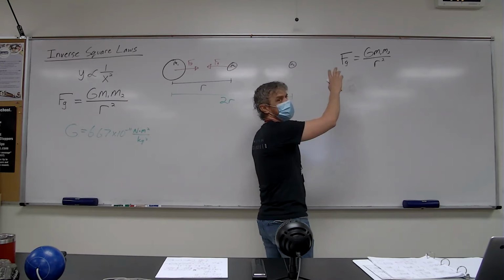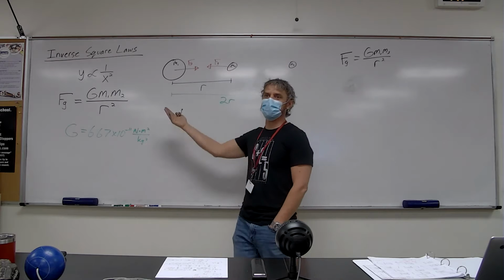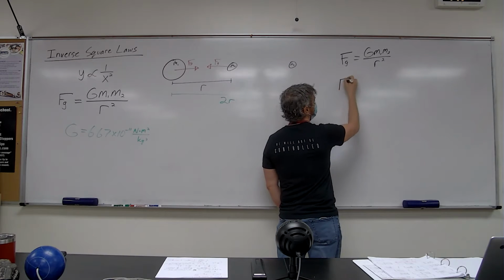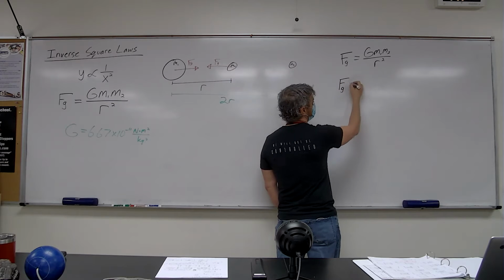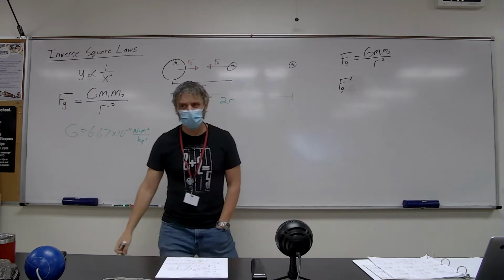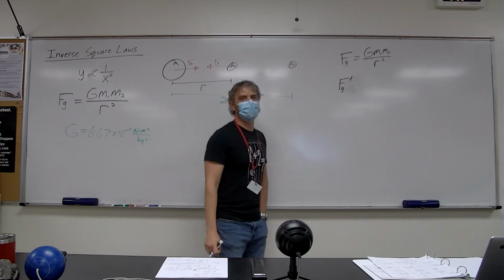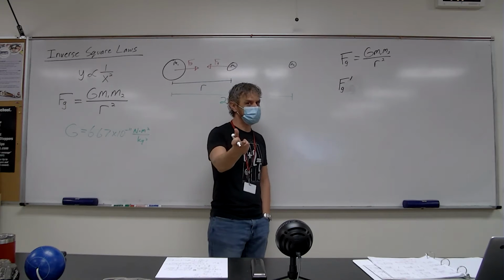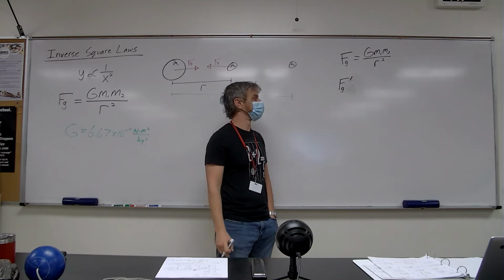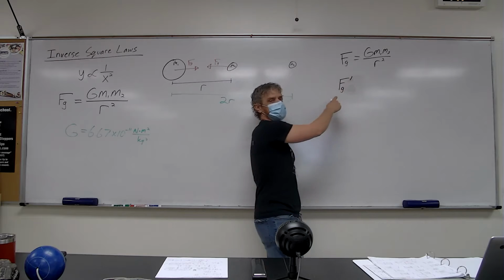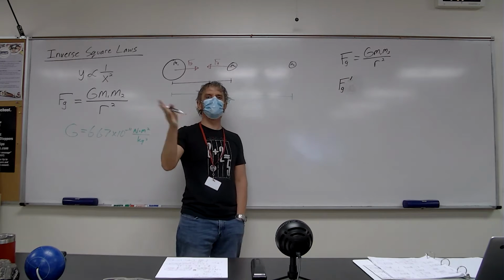They'll say, okay, I'm going to change things. In this case, I'm going to double the distance from the star to the planet. And a lot of notes, a lot of textbooks will say, the new force I'm going to call Fg prime. Those of you in calculus, this is not the derivative. That's why if you're in calculus, you might want to call this Fg1 and this Fg2. It just means new force.